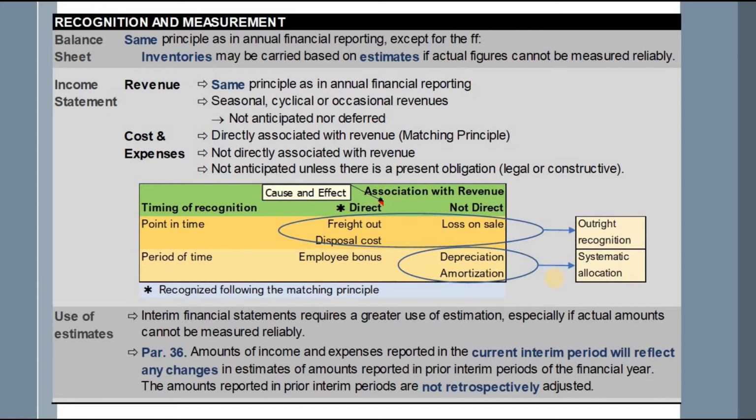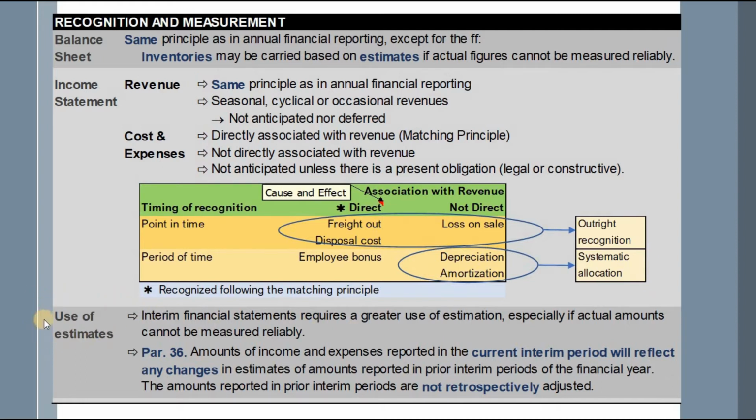So how do we recognize these expenses? So for depreciation or amortization, we are using systematic allocation, where we are using several methods in recognition of depreciation. For example, straight line method, double declining method, and the like. Then, for expenses that are recognized at a point in time, we recognize this outright. So these are recognized as expensed immediately.